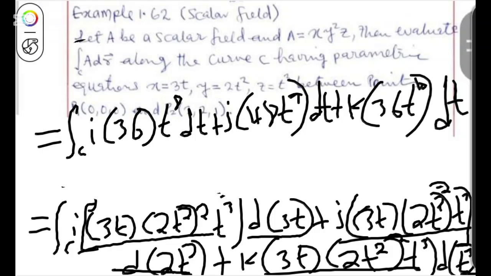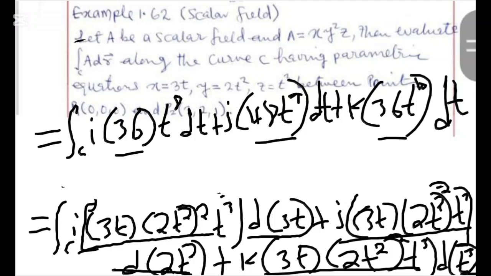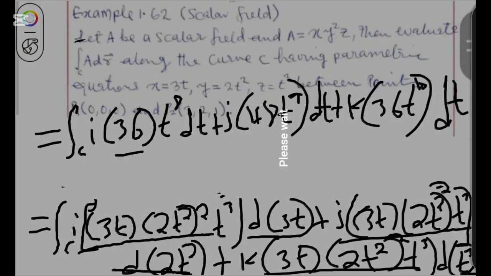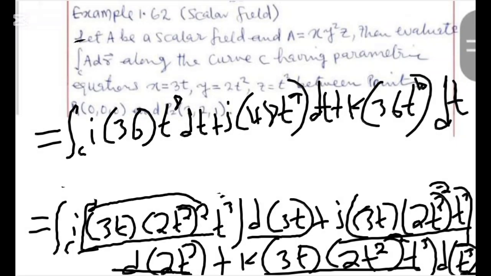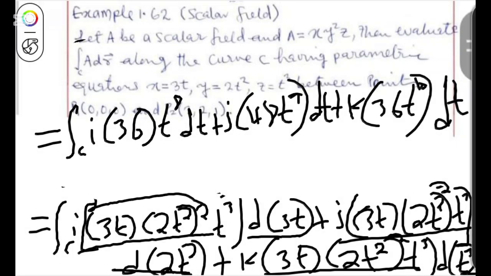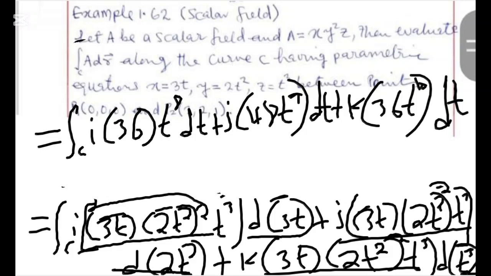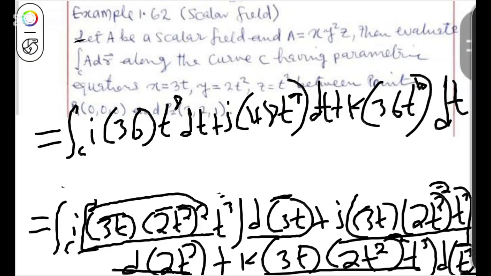For those of you that do not know how I found this 36 and 48 and 36, let me briefly summarize it. So 3 multiplied by 4, t squared squared. T squared squared is the same thing as t to the power 4, and 2 squared is the same thing as 4. So 3 multiplied by 4, then multiplied by 3, because I'll differentiate this and only have 3, so it gives me 36.